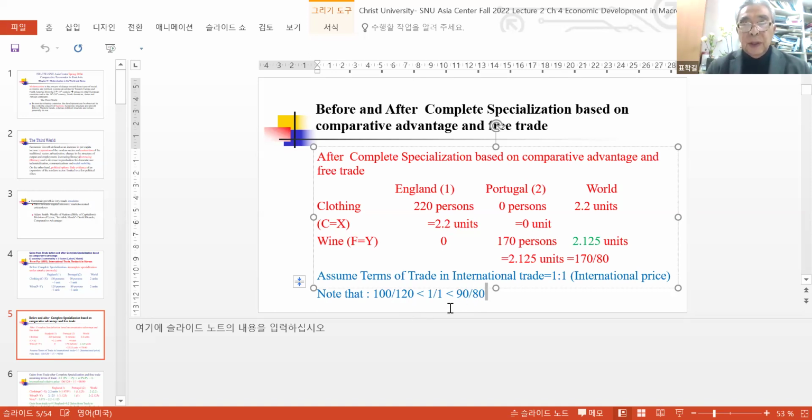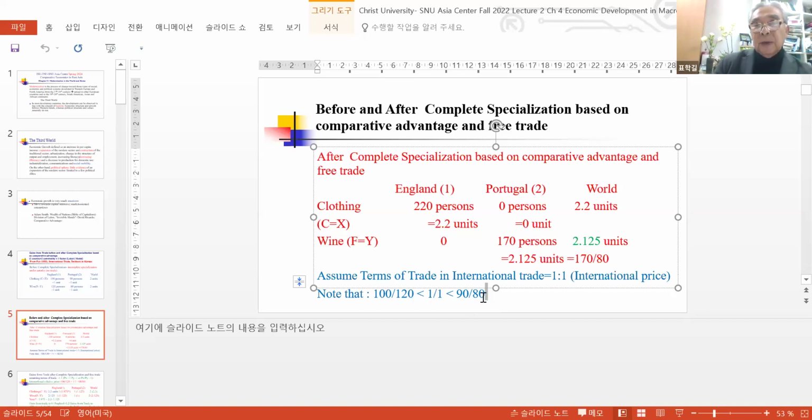As you can see, the relative price of clothing with respect to wine was higher in Portugal than in England. Therefore, England is said to possess comparative advantage in producing clothing and Portugal in producing wine.